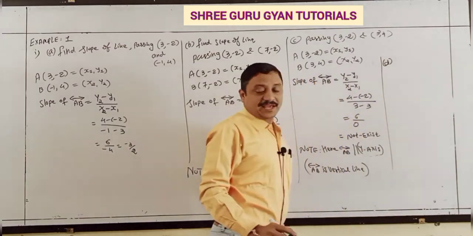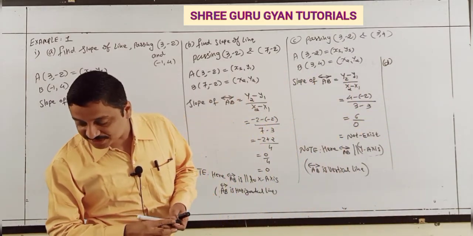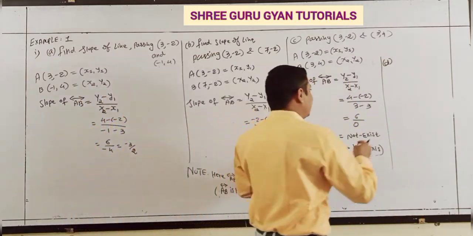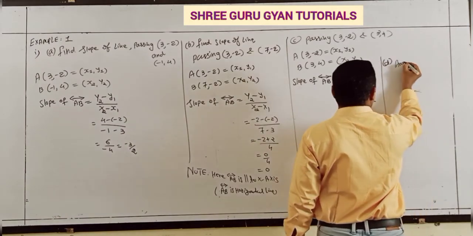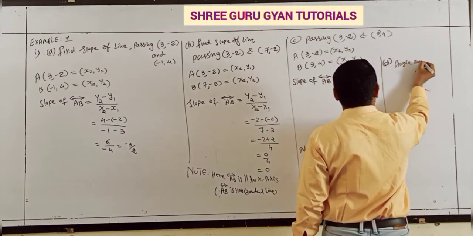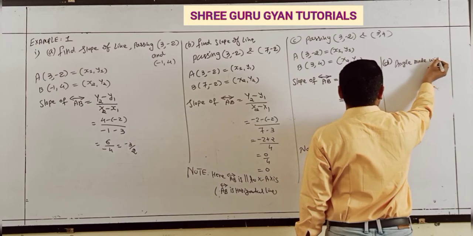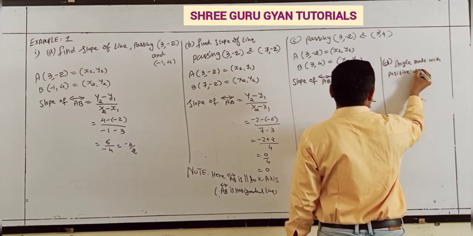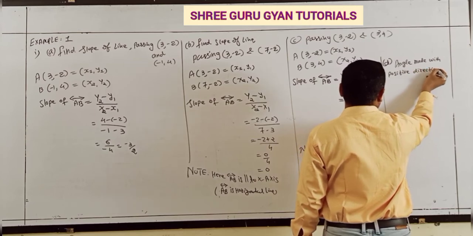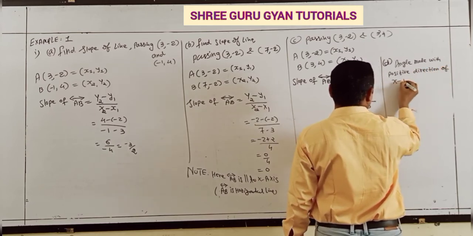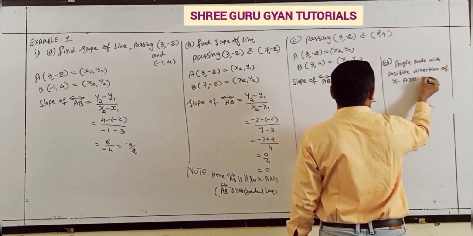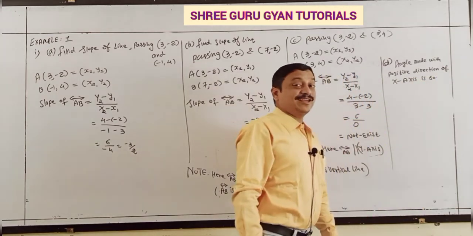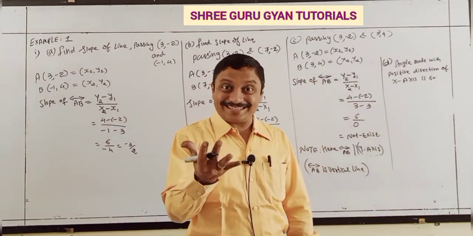The angle made with the positive direction of the x-axis is 60 degrees. If the angle is given, then the slope of the line is tan theta.